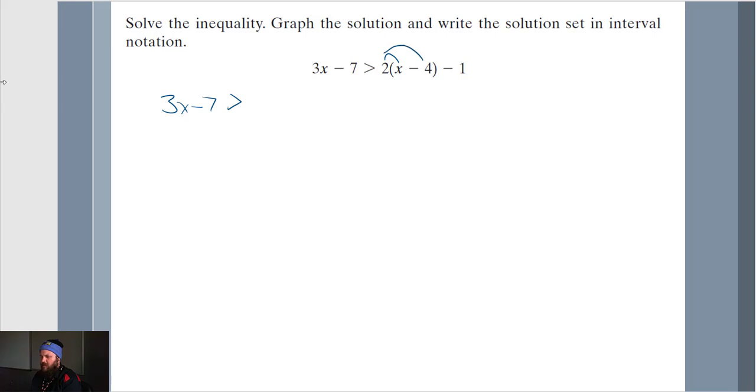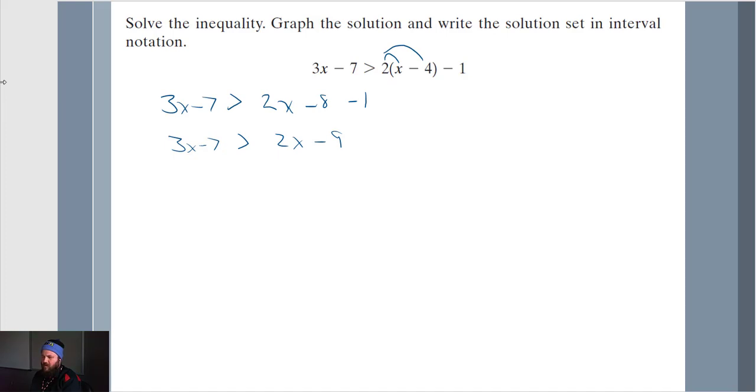So 2 times x gives me 2x. And then 2 times negative 4 gives me negative 8. And there's a minus 1 out there. So now we can actually combine like terms. So 3x minus 7 is greater than 2x, and then negative 8 minus 1 is negative 9.